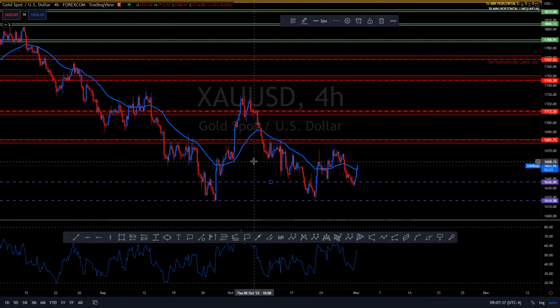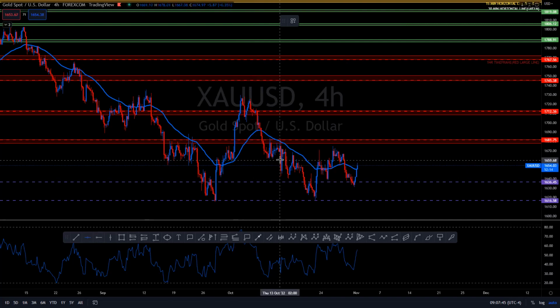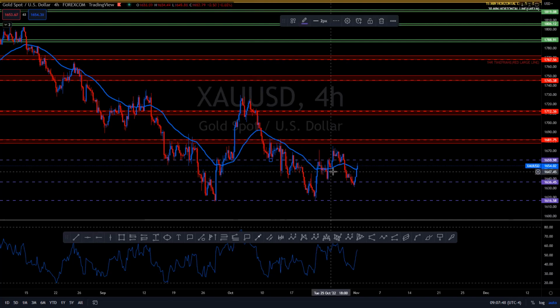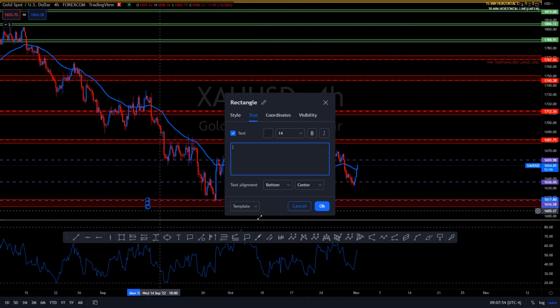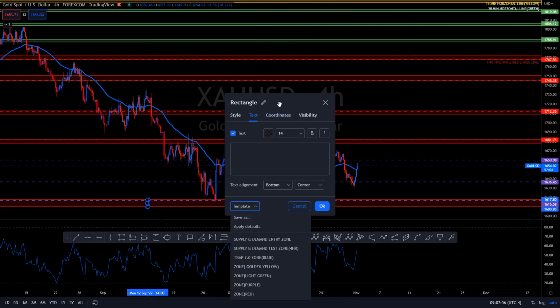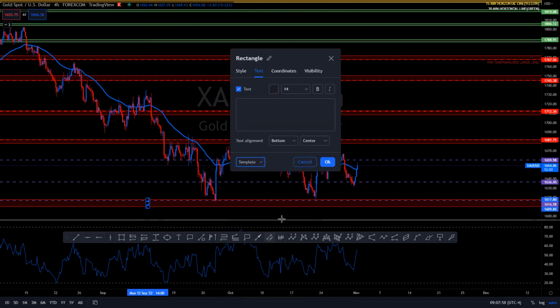But we also see that there's a little bit of supply here that held up. So I'm going to put that here. And we see a huge wick rejection here. Let's change this to purple.